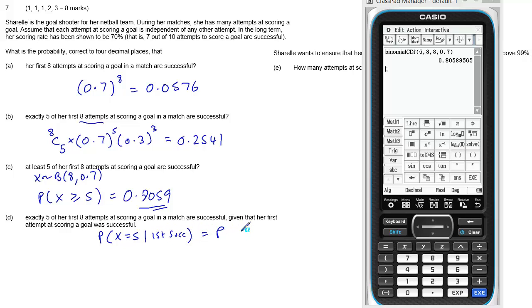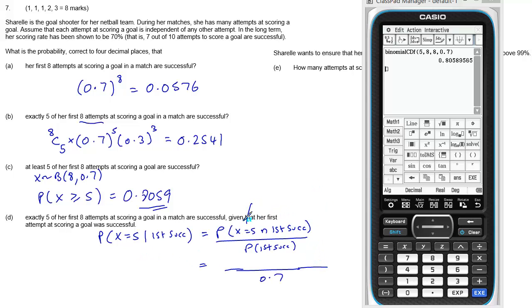So that's the probability that x equals 5 and the first is a success over the probability that the first is a success. Now we know the denominator there is going to be 0.7. Numerator is going to be more complicated.